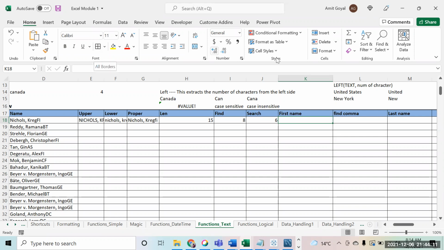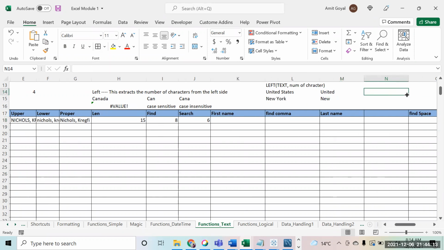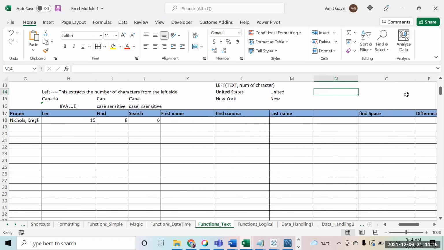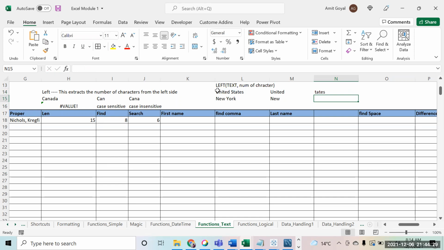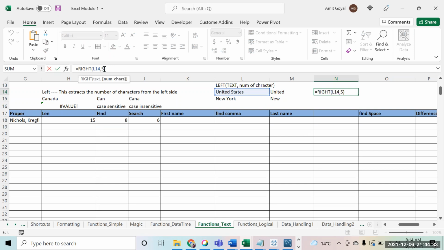Now, similar to the LEFT formula, we have a RIGHT formula. RIGHT is exactly the opposite of that. So if you say equal to RIGHT, and suppose I have this word with me, the United States, and if I say comma 5, it will extract the 5 characters from the right hand side. And if I say 6, it will extract 6 characters.